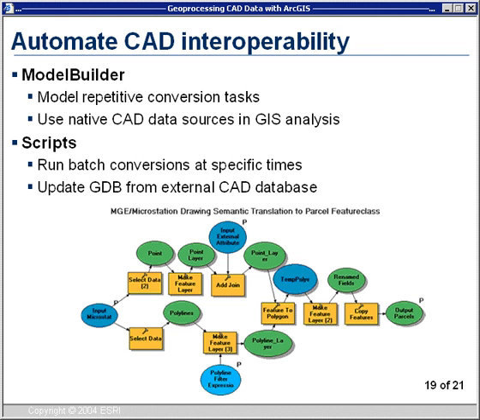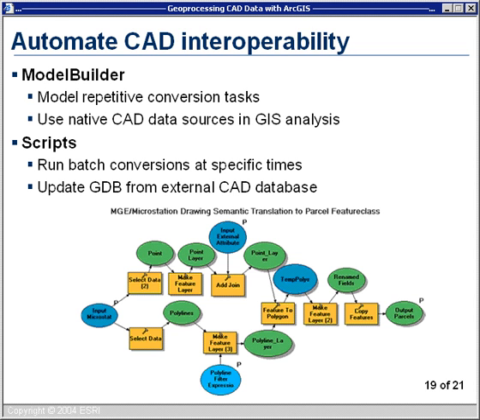ModelBuilder gives you a graphic interface which allows you to create repeatable groups of tools and methods. This can be quite involved, but saves you a lot of time compared to a one-at-a-time kind of approach. Scripts do essentially the same thing, but in a textual environment, and ArcGIS commonly uses Python scripting for this.